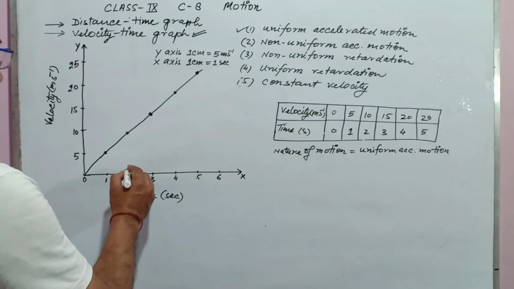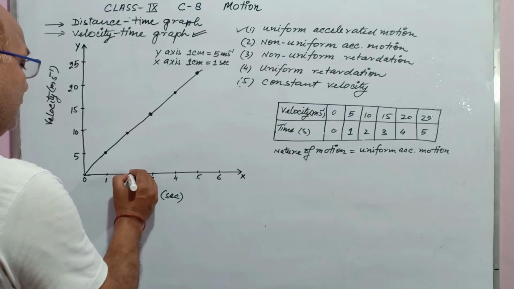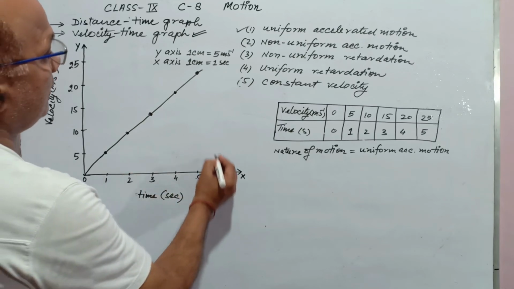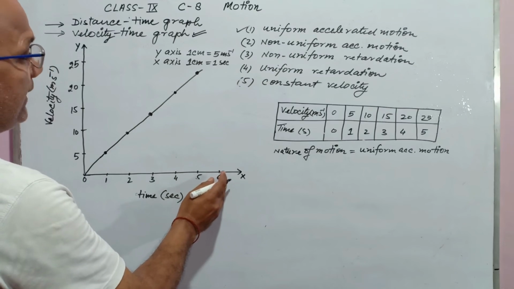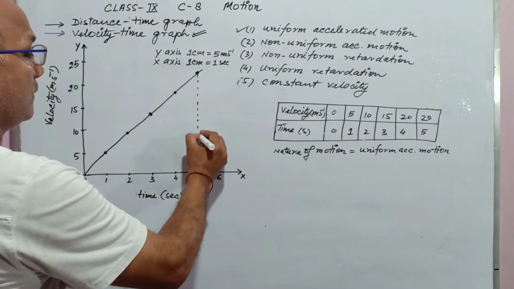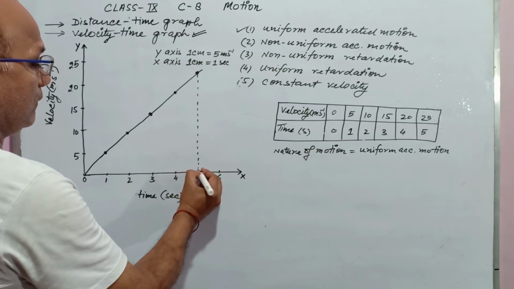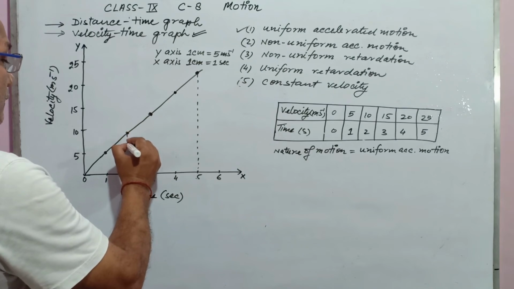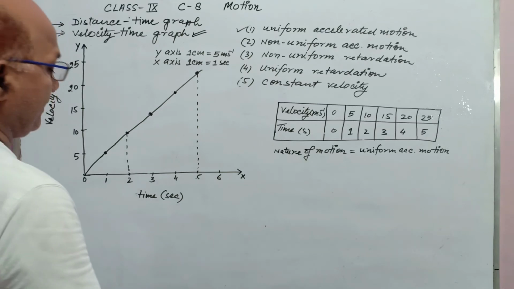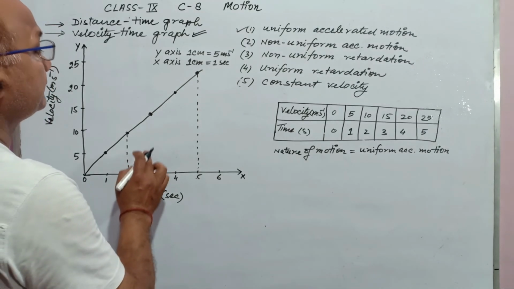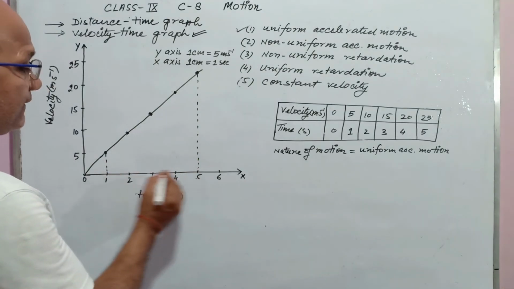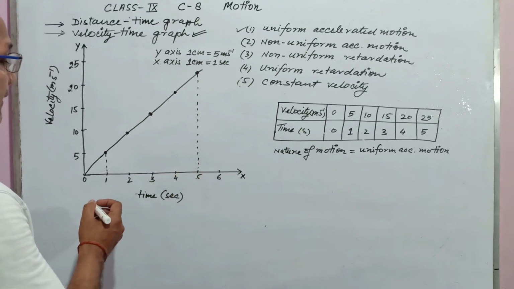For example, between 2 seconds and 5 seconds, or we can consider between 1 second and 5 seconds. We can find out the acceleration of the body.